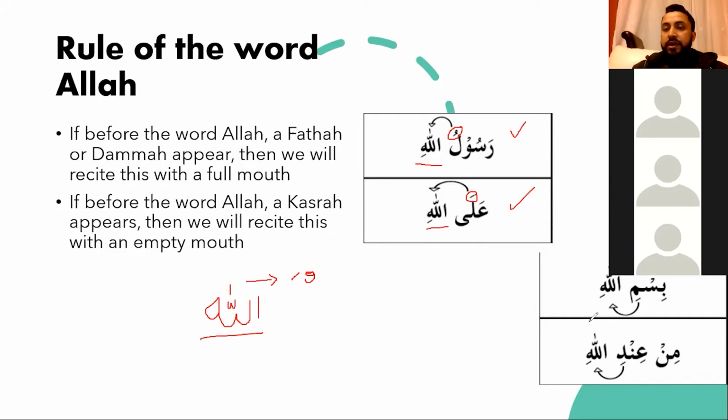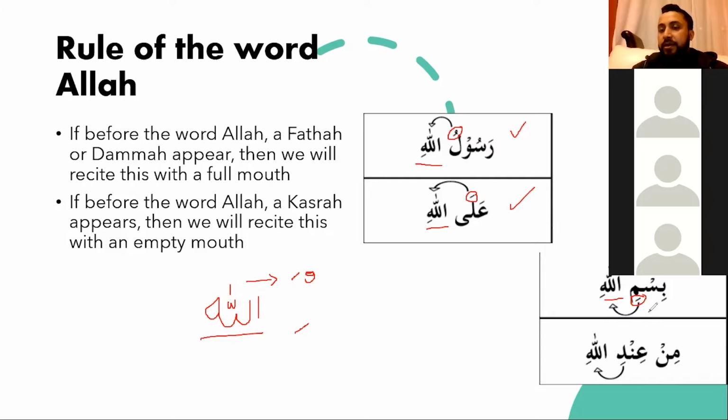Now, if before the word Allah a kasra appears, then we recite that with an empty mouth. The best example is here at the bottom. Can you see Bismillahi? We're not going to say Bismillahi, we're going to say Bismillahi. There's a zir which has come just before the word Allah.